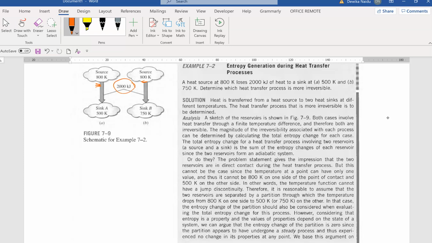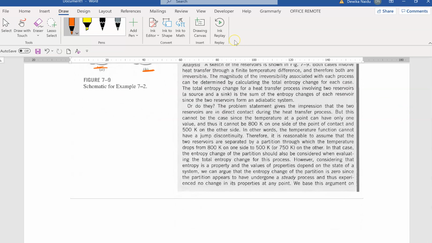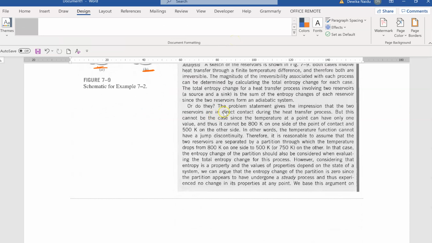One is going to a sink of 500 Kelvin and the other is going to a sink of 750 Kelvin. What you need to do is determine which heat transfer is more irreversible. Yeah, that is the question.